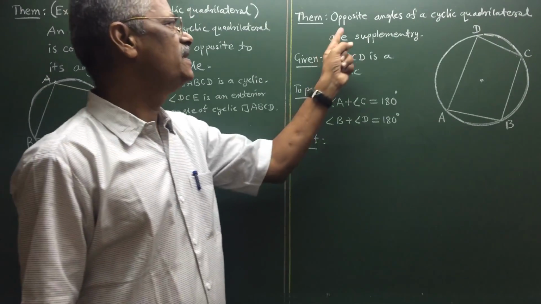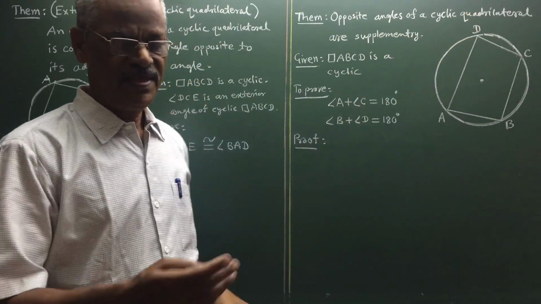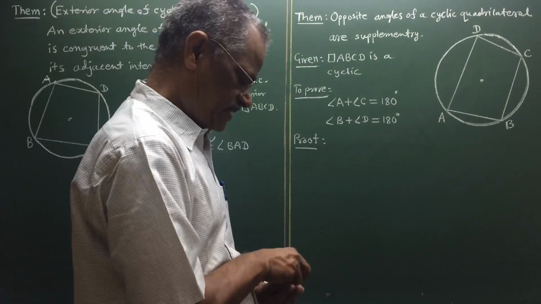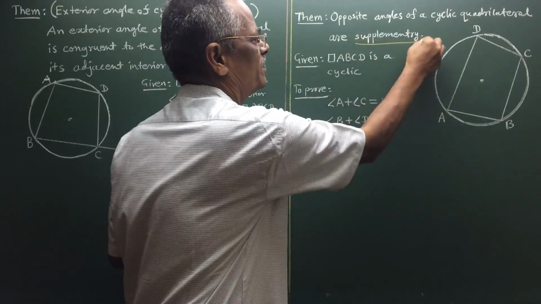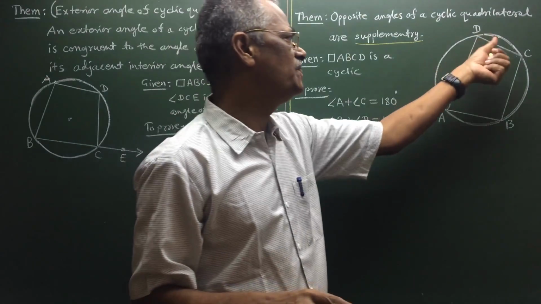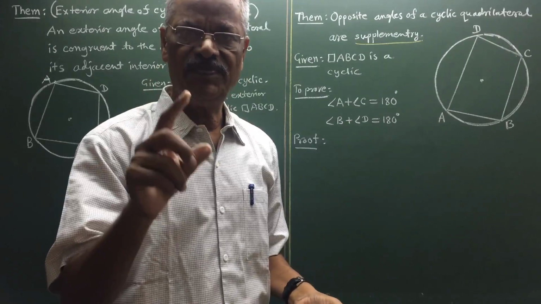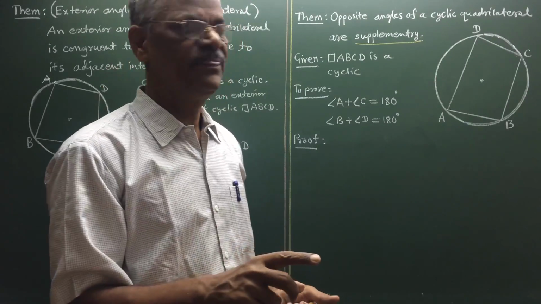And opposite angles of cyclic quadrilateral are supplementary. We have to show that the opposite angles of cyclic quadrilateral, sum of their measures is 180.